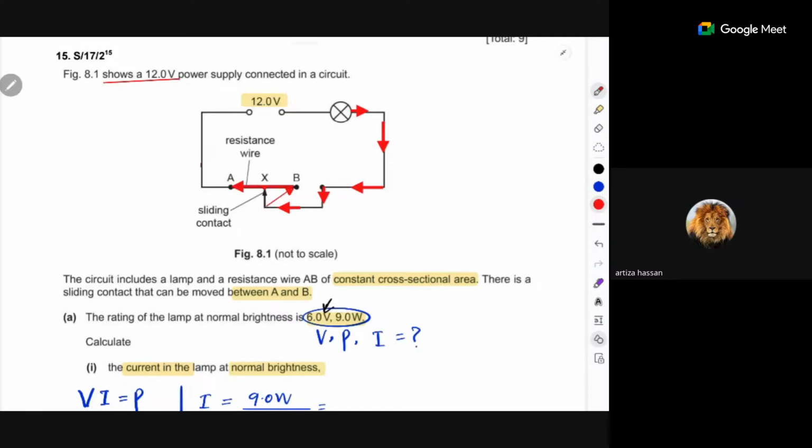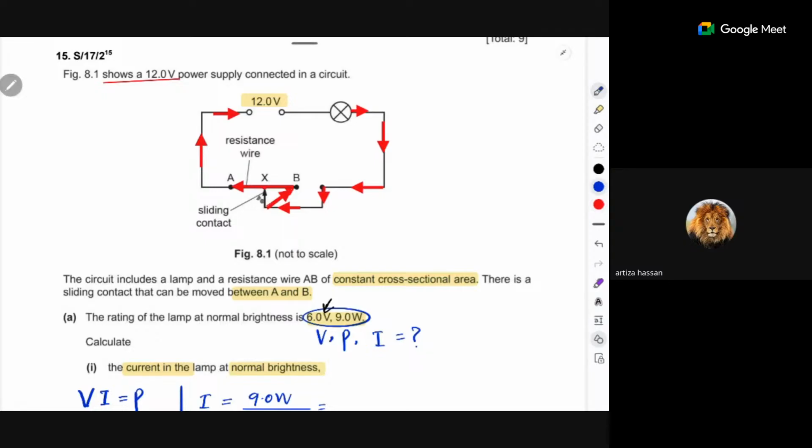When the resistance has increased, the flow of current is less. That is why the brightness of the lamp has decreased. Brightness decreased means the lamp is now dim. Is this clear?